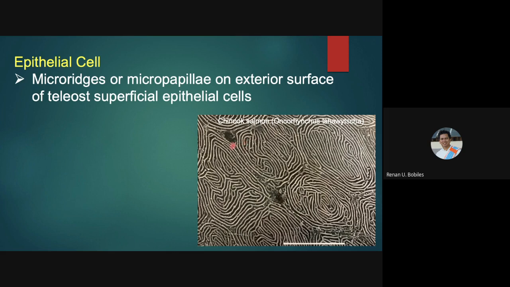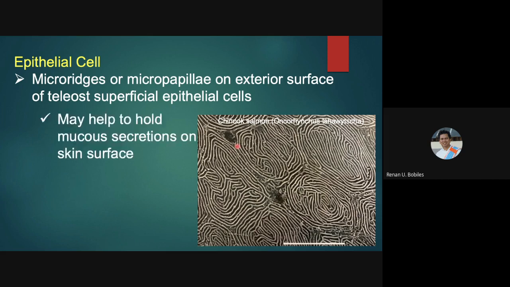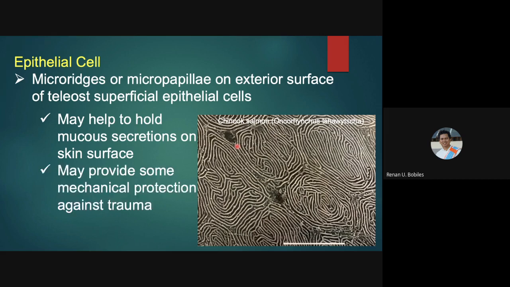The microridges is an important feature of the epithelial cells because of this reason. It holds mucus secretion on the surface. It holds mucus secretion. It can also provide mechanical protection against trauma.